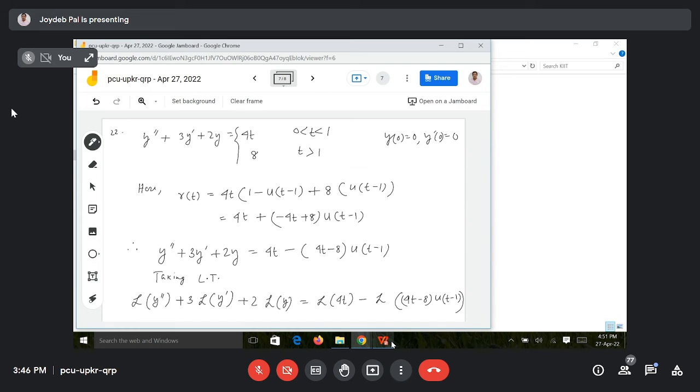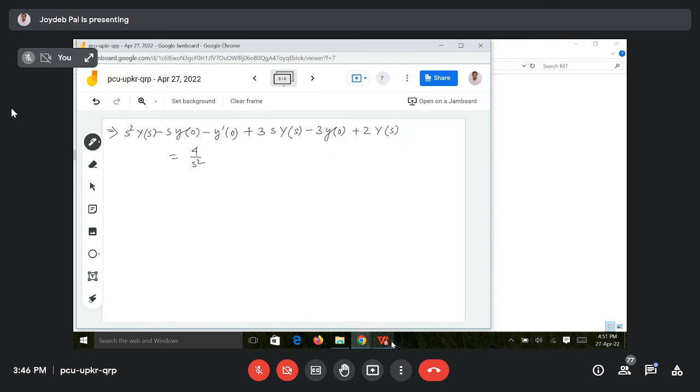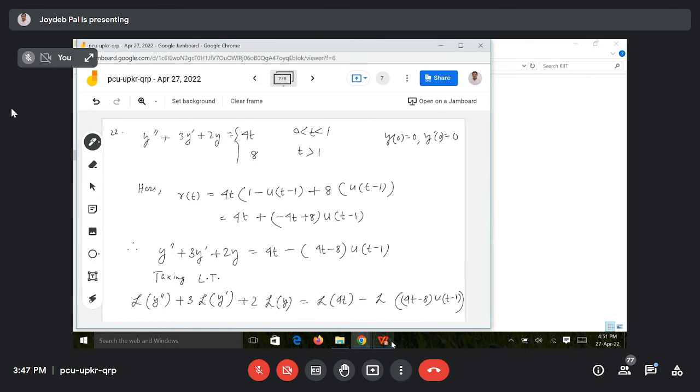Bolo. So you can write, actually, what is f(t) in the rough? f(t) will be 4t minus 8. Then what is a? 1. So the formula is what? Modification formula is Laplace transform of f(t) u(t minus a) is equal to e to the power minus as into Laplace transform of f(t plus a).